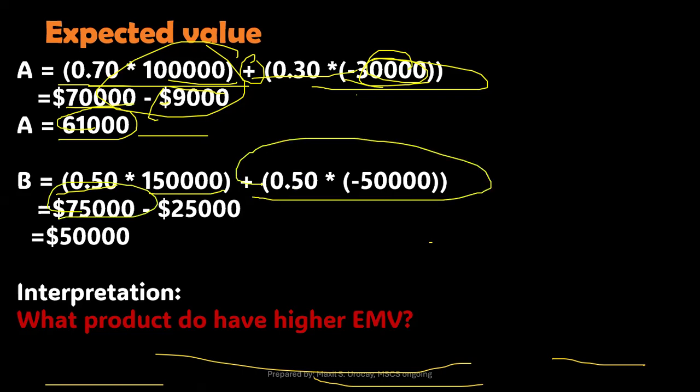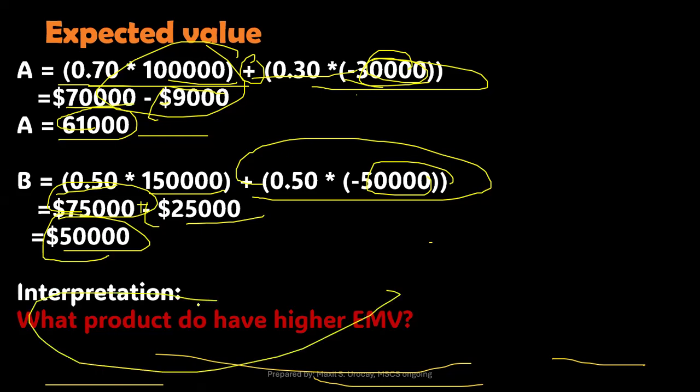Your loss will be 50,000 times 50%, which is considered negative because it is a loss, so negative 25,000. Since this is a summation, 75,000 plus negative 25,000 equates to 50,000. So that is the expected value for both of your decisions, A and B.